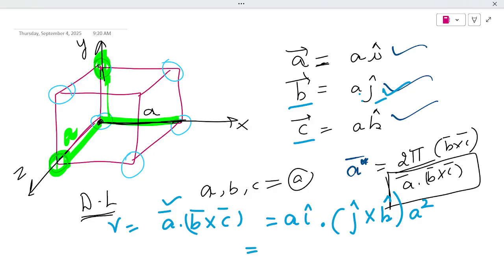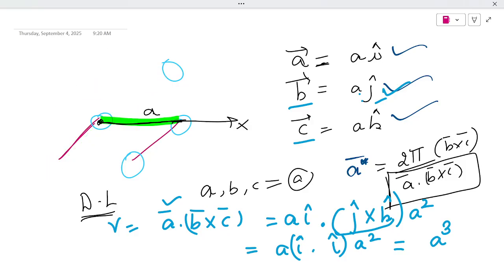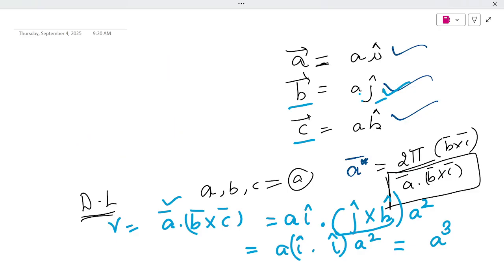Now just refreshing your knowledge from vector calculus, j cross k is actually i. So A i cap dot this will give me again i cap, and we have A square as a multiple. Now the dot product i cap dot i cap is equal to 1. So the result of the volume we have got is A cube. So A cube is the denominator of each of the three expressions.